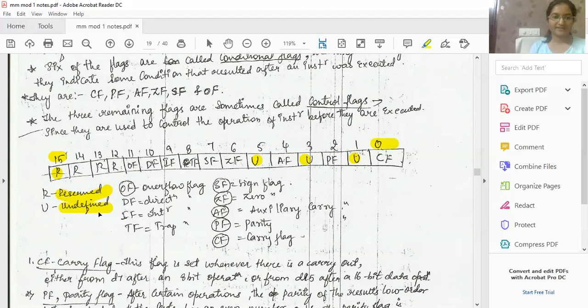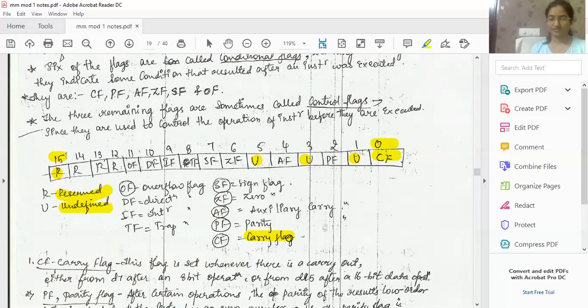Okay, then the first, as you can see here, CF. CF stands for carry flag. So what does that mean? When your processor is performing a particular operation, if the processor is performing an 8-bit operation, then the carry has to be from the D7th bit.